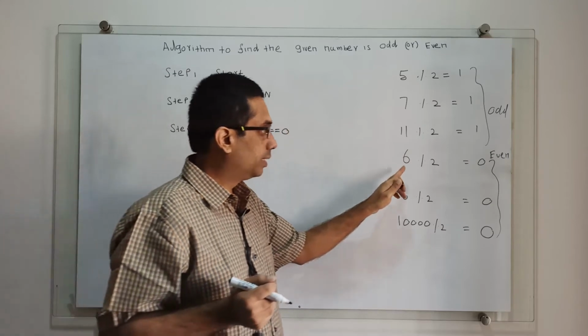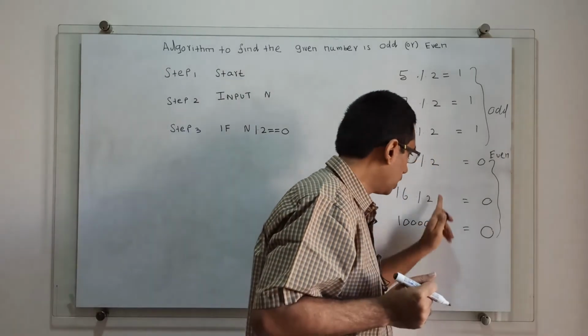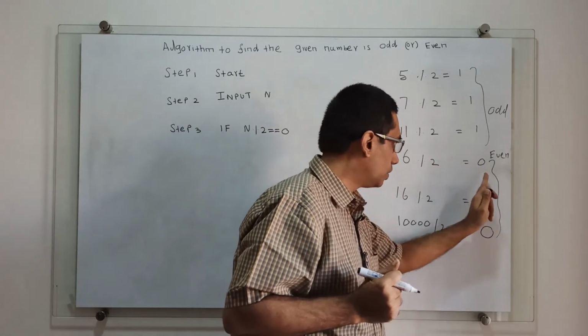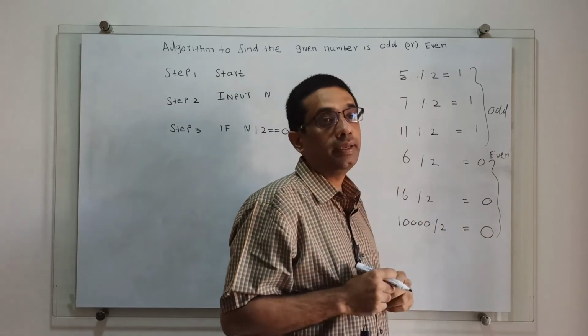If n modulo 2 is 0, that means the remainder is 0, then the number is an even number.